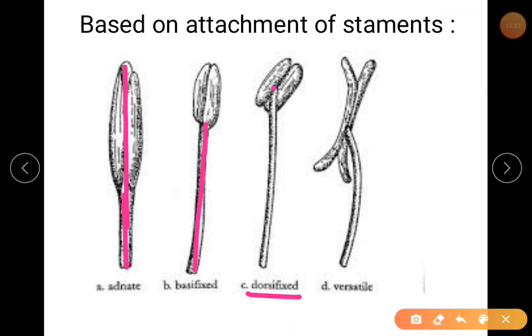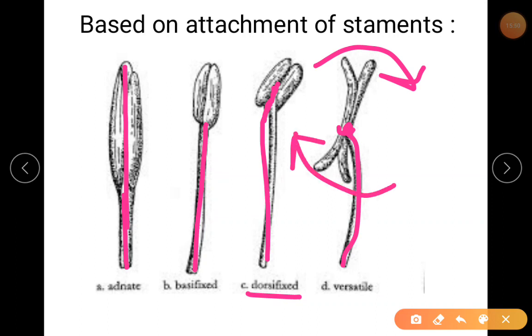Dorsifixed, from the middle, it goes little down attached to the anther and then forms your filament. And versatile, only attached to the middle point, making the anther free for movement. Whereas these three are not free for movement. Only versatile is free for movement.